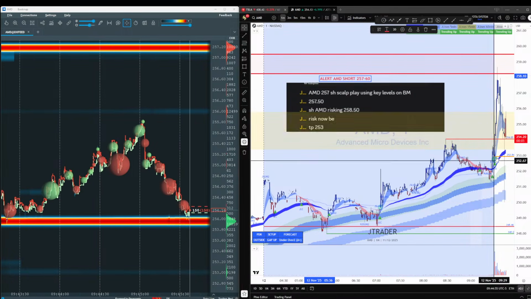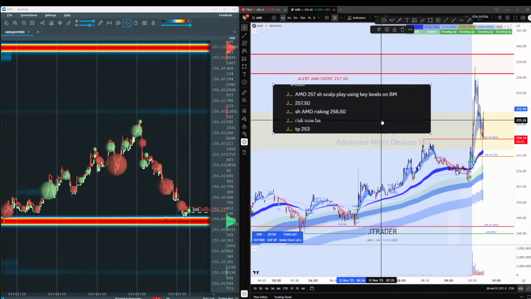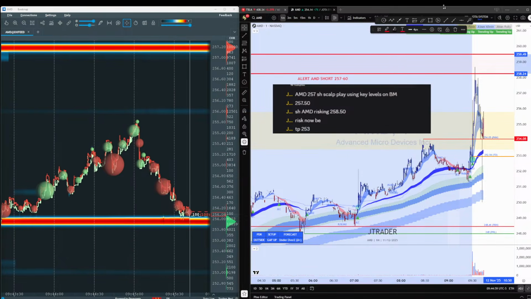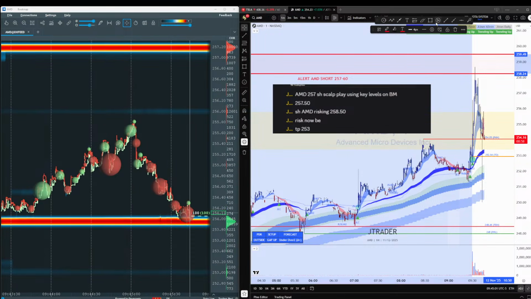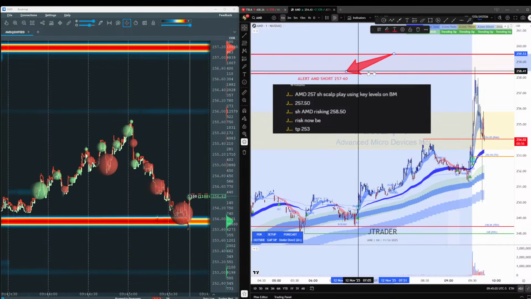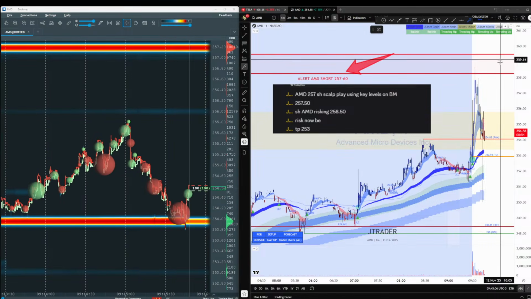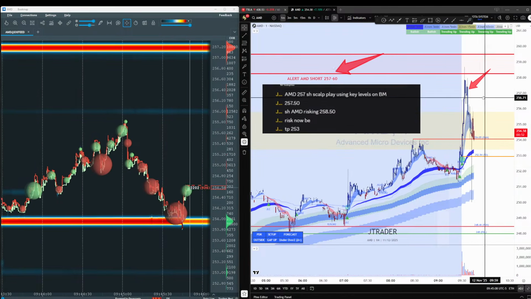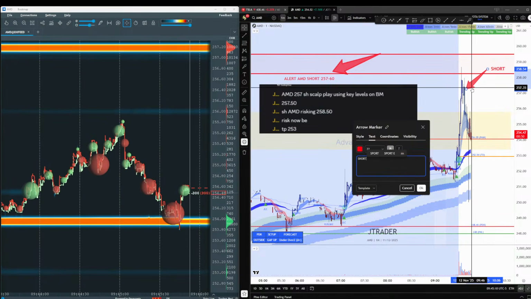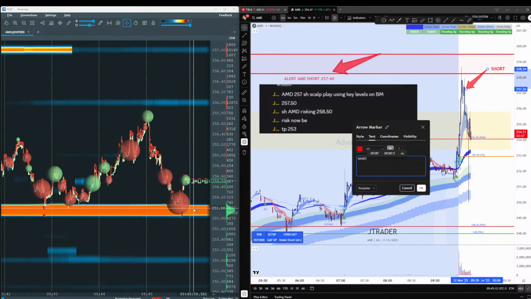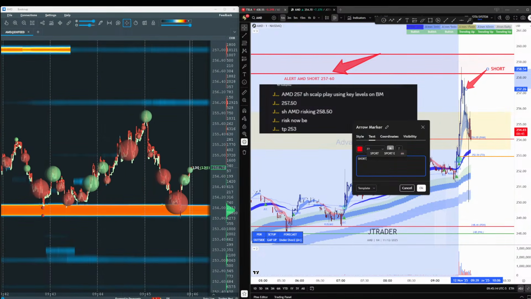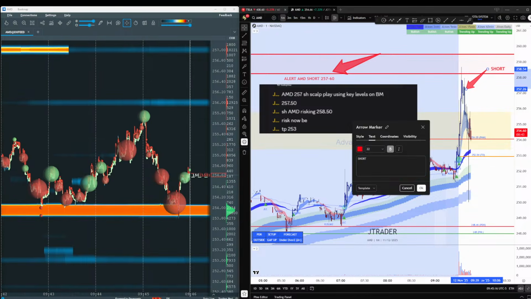We have to wait for the 253 target. Okay. So now you can see some support over here on Bookmap, 254. If we break that, it's going to be a major win.